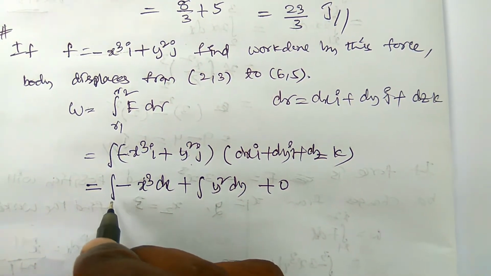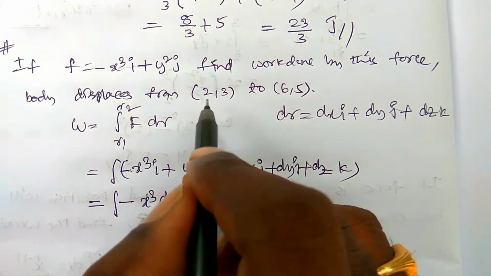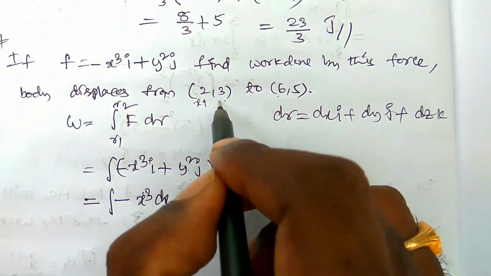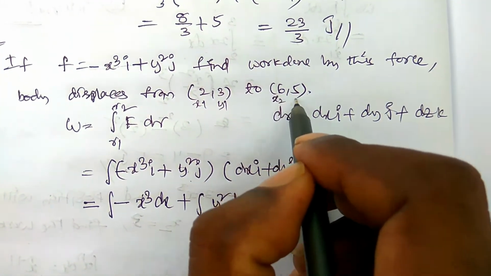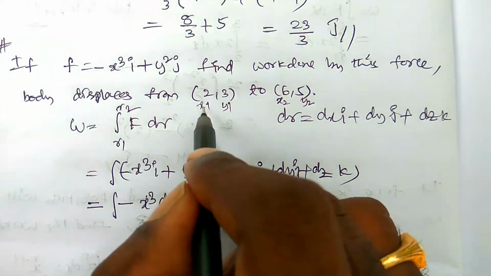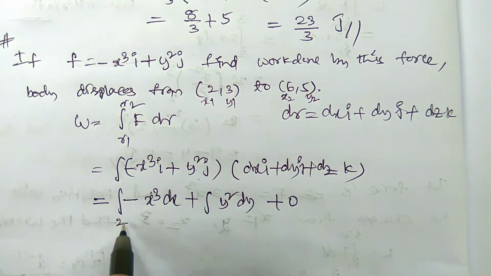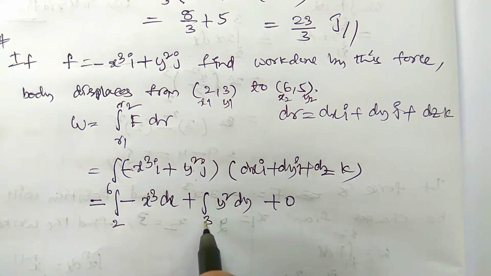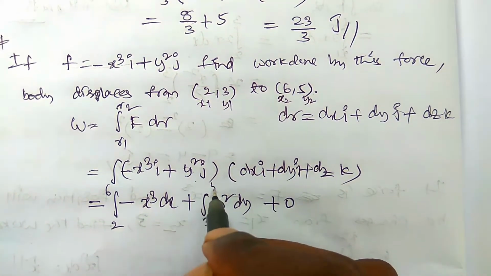The limits r1 to r2 are x1, y1 to x2, y2. So x1 to x2 is 2 to 6, and y1 to y2: y1 is equal to 3 and y2 is equal to 5.